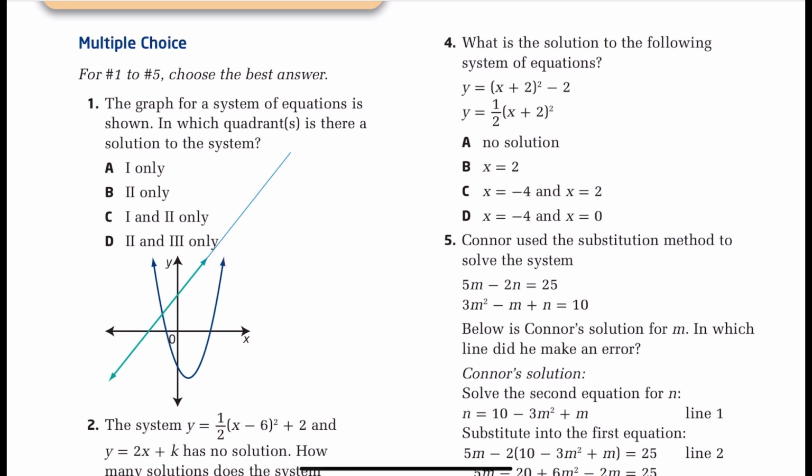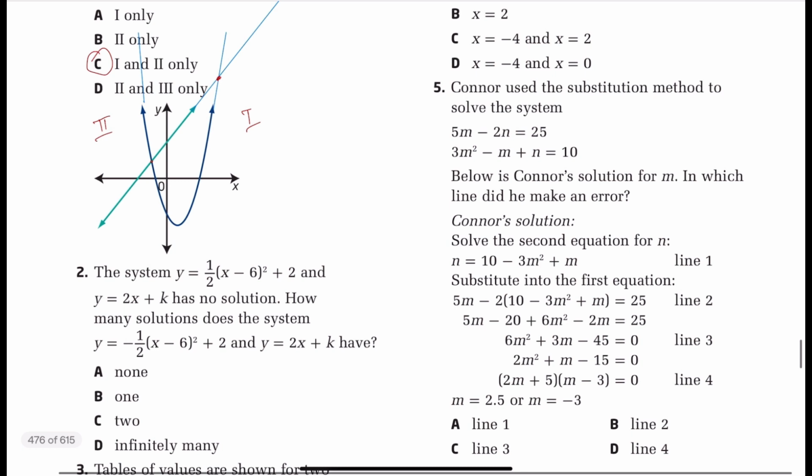That means the graph of the parabola is also not done yet. So continue it like this. You can immediately see that there are two intersections. You have one here and you have one here. Perfect. So the graph will actually touch in both quadrants 1 and 2. Okay, good.